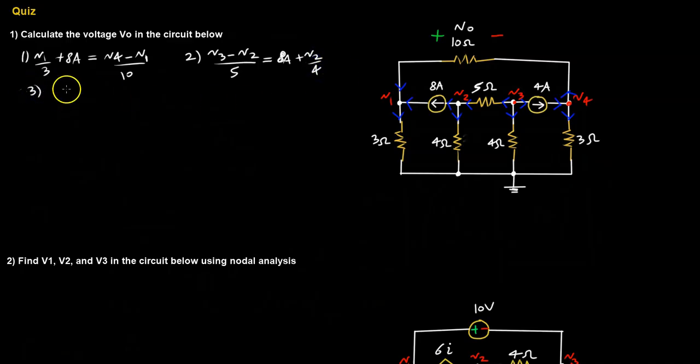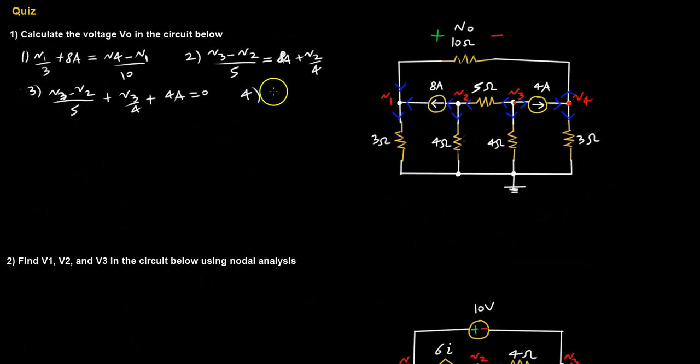For node 3 we have all of the currents leaving, so V3 minus V2 over 5 ohms plus V3 over 4 plus 4 amps, all of that equals 0 because they're all leaving.